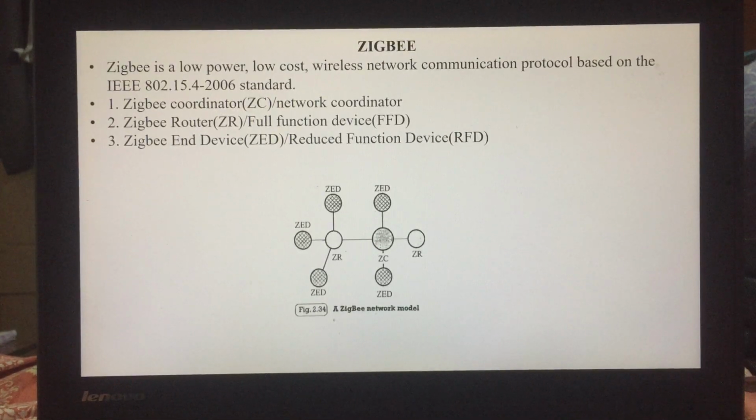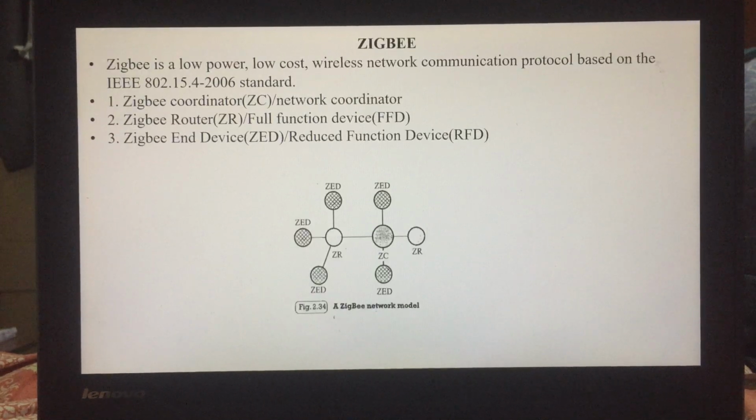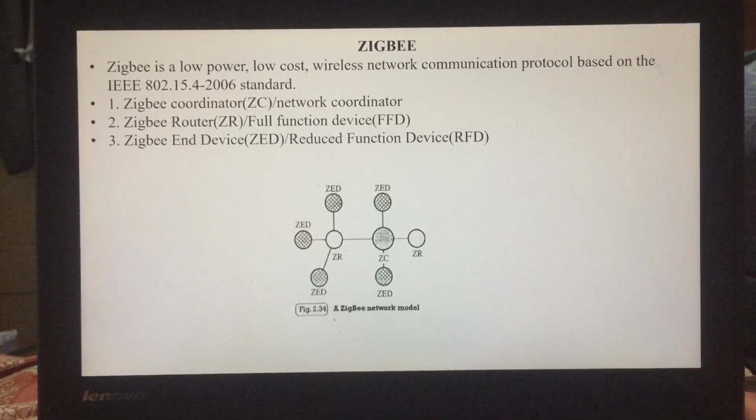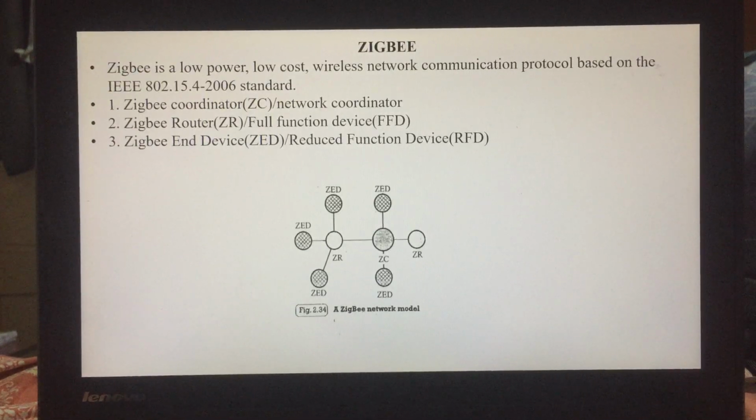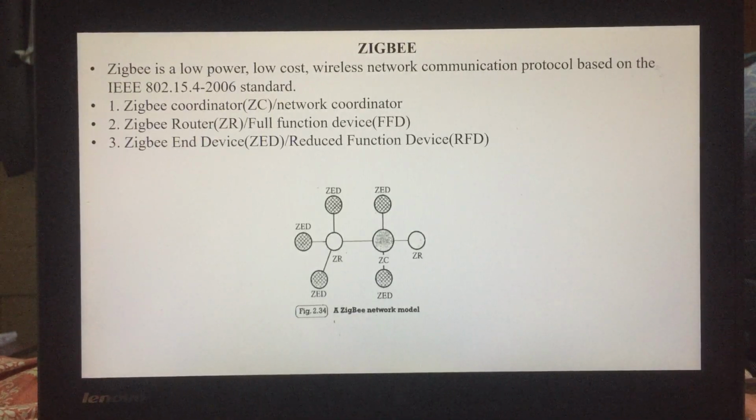Zigbee specifications support very fast mesh networks which have multiple nodes. The networking strategy makes the network reliable by transferring messages in different paths to cover all the nodes. Zigbee supports operating distances of up to 100 meters and data rates of 20 to 250 kbps.